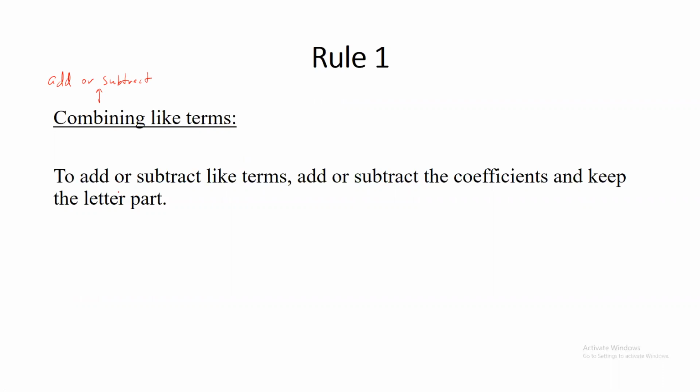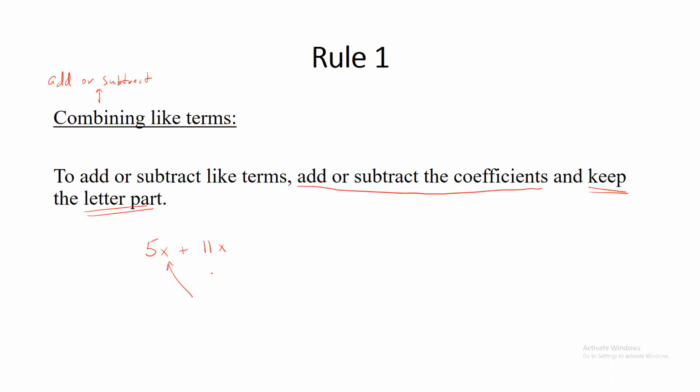To add or subtract like terms, we add or subtract the coefficients and keep the letter part, or keep the variable part. So the procedure works something like this. If I was to add, for example, 5x and 11x, I would recognize that these are like terms, because they have the same variable x.